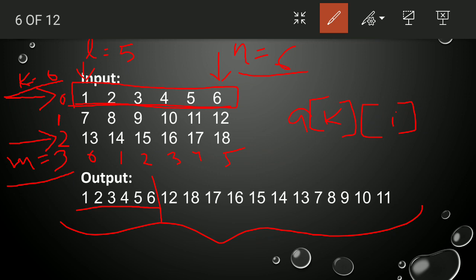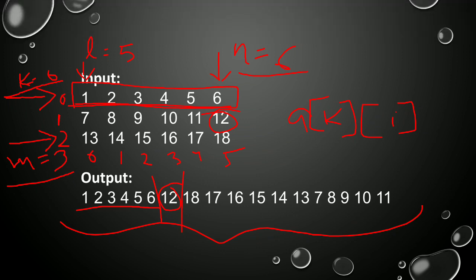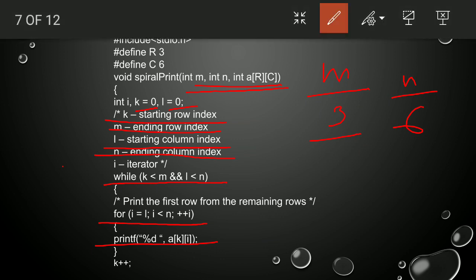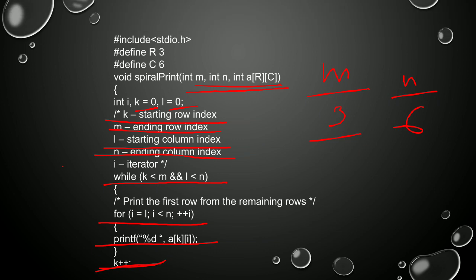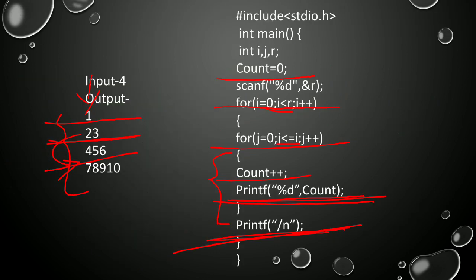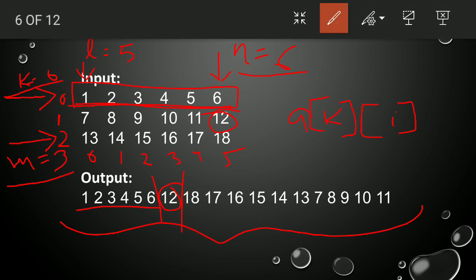Okay, now we want to print this particular 12. To print that particular 12, we have incremented the k value. In the previous one the k value was pointing to the 0th index. Now the k value will point to the first index.